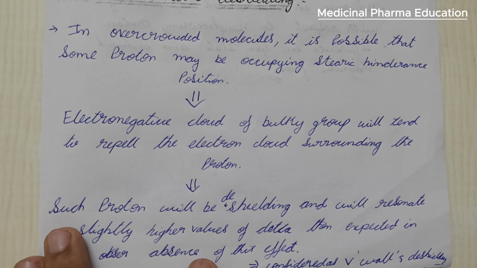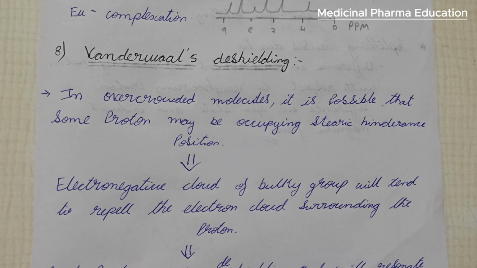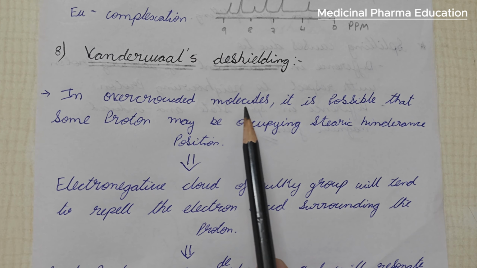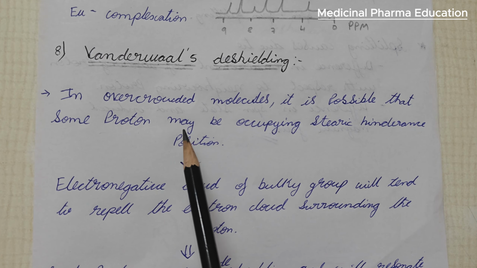Next, the last one, van der Waals deshielding. In an overcrowded molecule, it is possible that some proton may be occupying a sterically hindered position. Here it is telling us that a molecule may have a steric hindrance position.